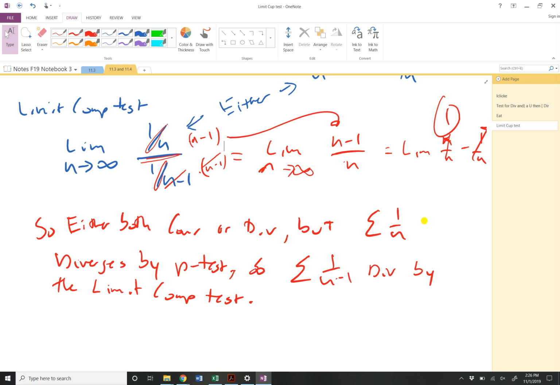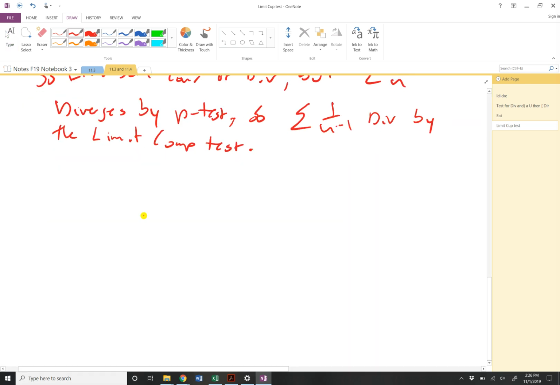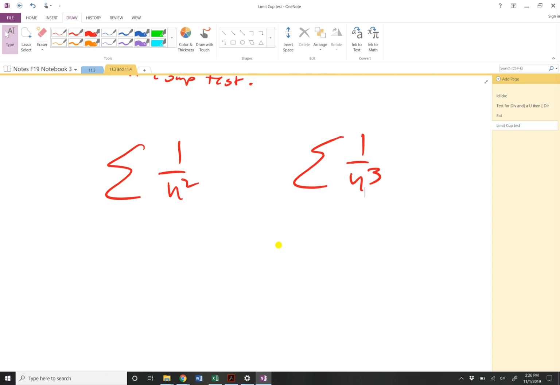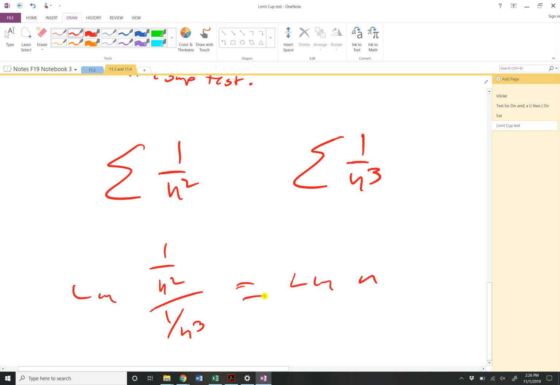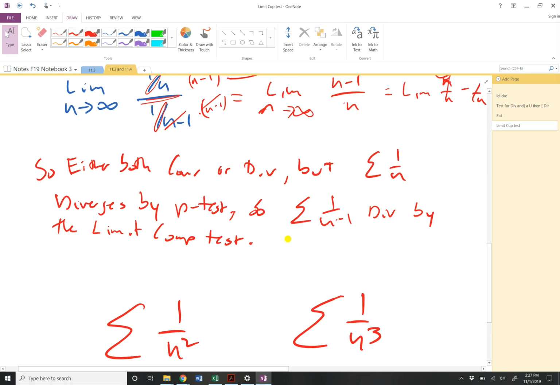Or both convergent. One example is this. If you have 1 over n squared, 1 over n cubed, they both converge, right, by the p-test. But if you try the limit comparison test, you'd take the limit and end up with the limit of n as n goes to infinity, and that's infinity. But they both converge, so yeah. Good question. Okay, other questions?